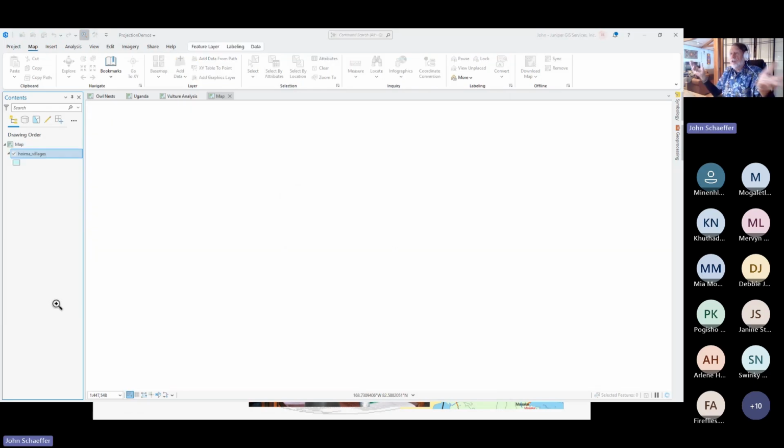So this is a new empty map with nothing in it. You would think it would show up, but it doesn't. Now, ArcMap used to give you a warning saying this data does not fit in the coordinate system you say it's in. But with Arc Pro, you have to do a little more work.